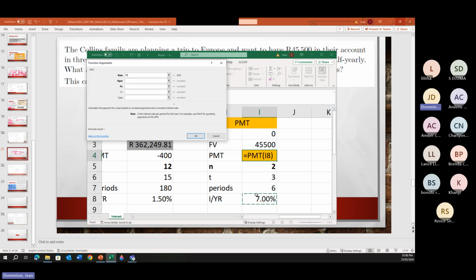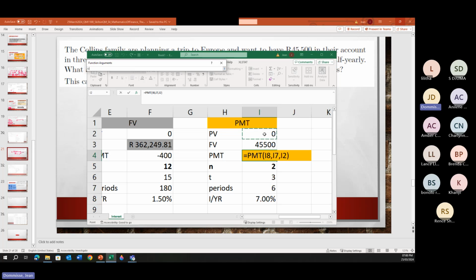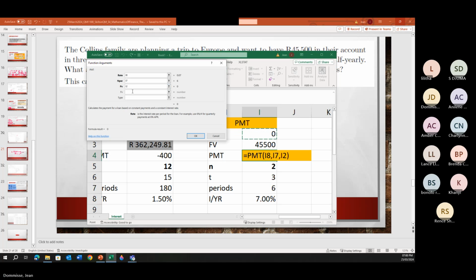So I now programmed it into it, yeah, but that is what you would do. Your number of periods per year is that one. Your present value is 0. Your future value is that. Your type, again, they told us it is at the end of the period, so we need to put in 0.